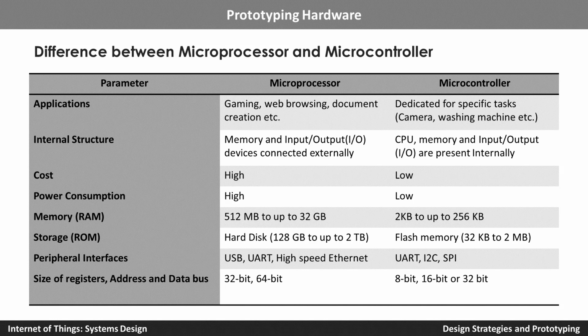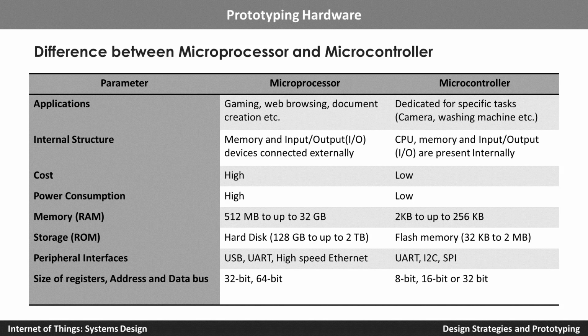For storage, in microprocessors you are looking at from 128 gigabytes up to 2 terabytes. In microcontrollers, you have flash memory. You probably have 32 kilobytes to 2 megabytes. For peripheral interfaces, microprocessors will have access to USB, UART, high-speed Ethernet.